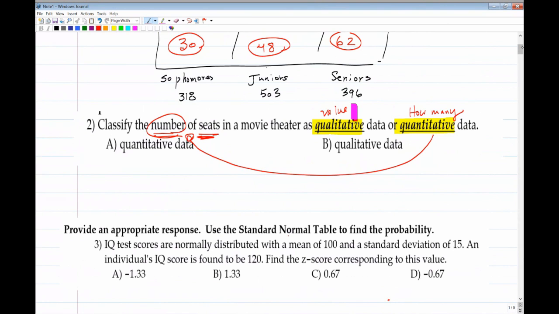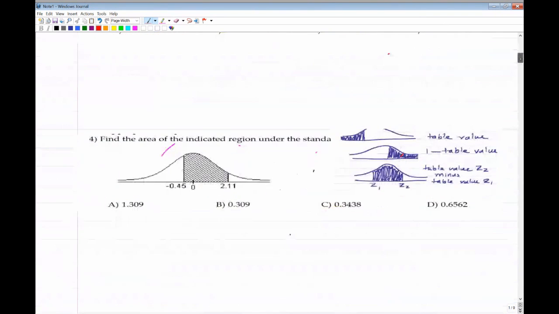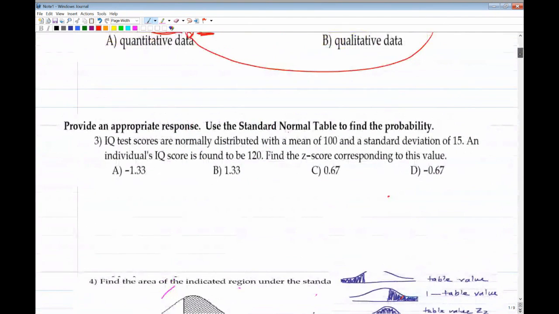So now when we move to the next one, the next question is dealing with finding the z-score. So what we want to do is go in and underline what we're looking for. If I pick this, I'll say find the z-score corresponding to what value. So let's go ahead and summarize that problem the way it's given to us.